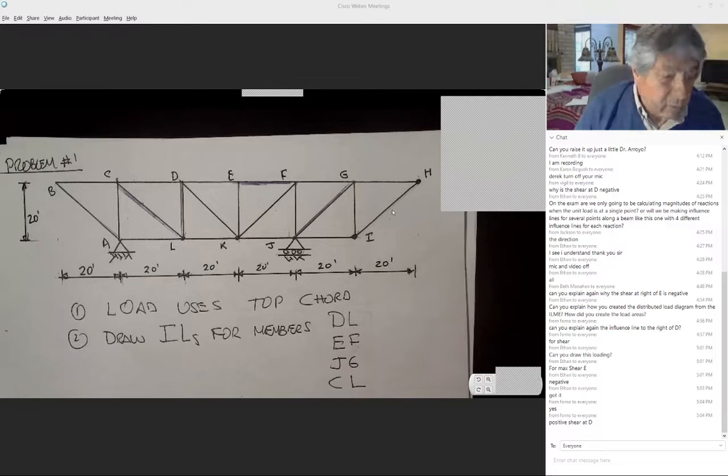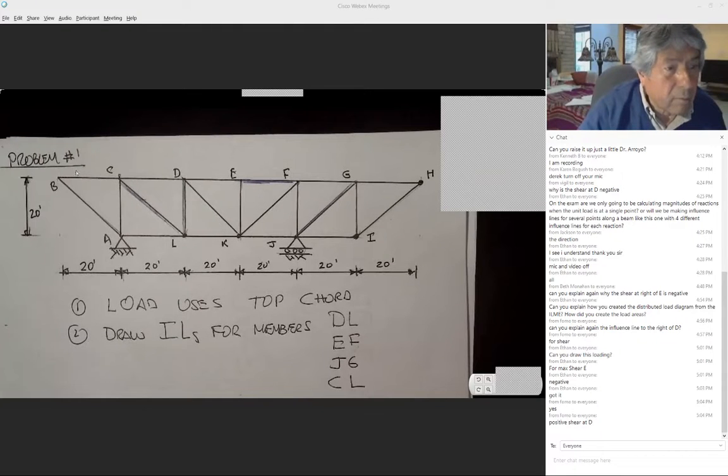This is a typical bridge structure. Sometimes the traffic uses the top portion, which we call the top chord. Sometimes it uses the bottom portion or the bottom chord.